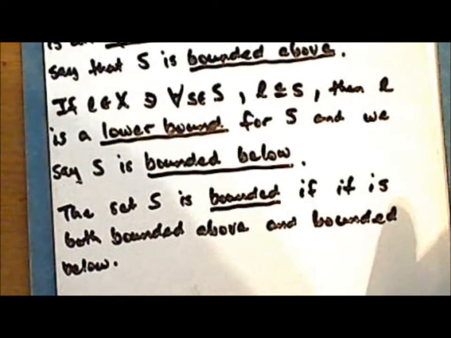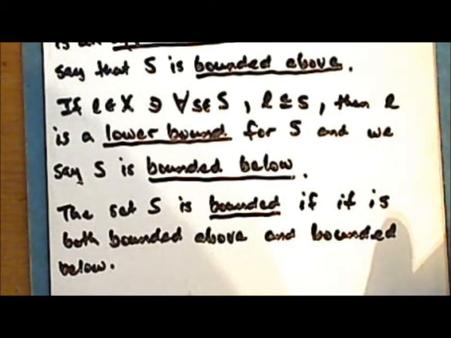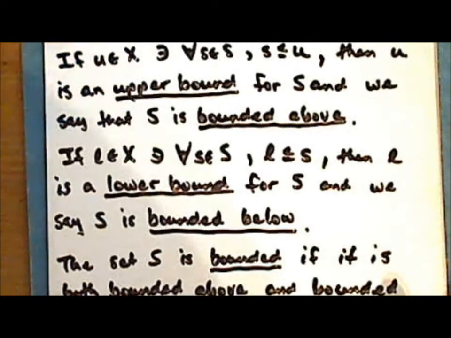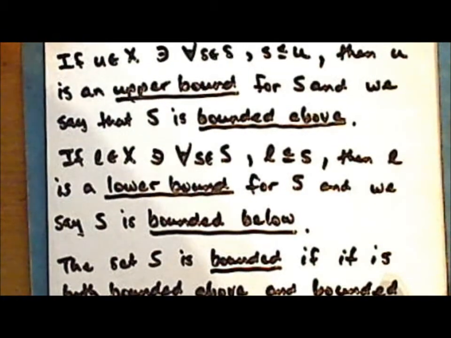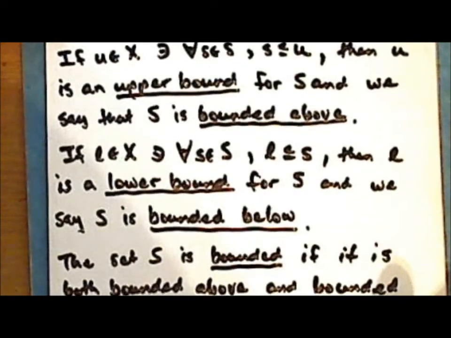So notice in particular that the upper bound and the lower bound for a given set S need not be in the set S itself, but it must be in the set for which S is a subset, where that set with the relation less than or equal to is a poset.